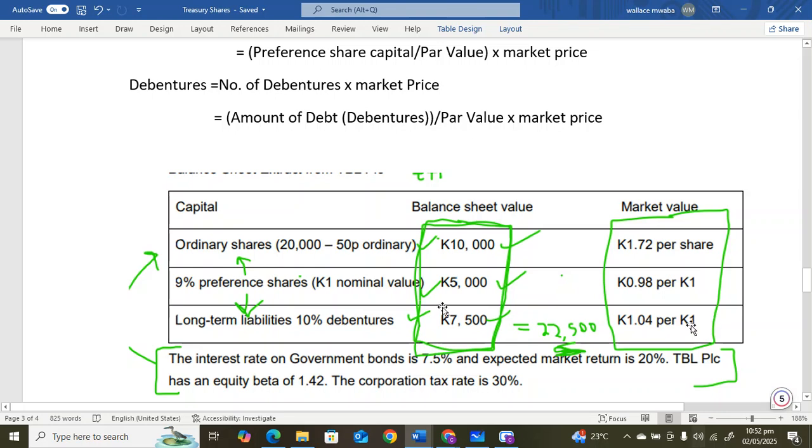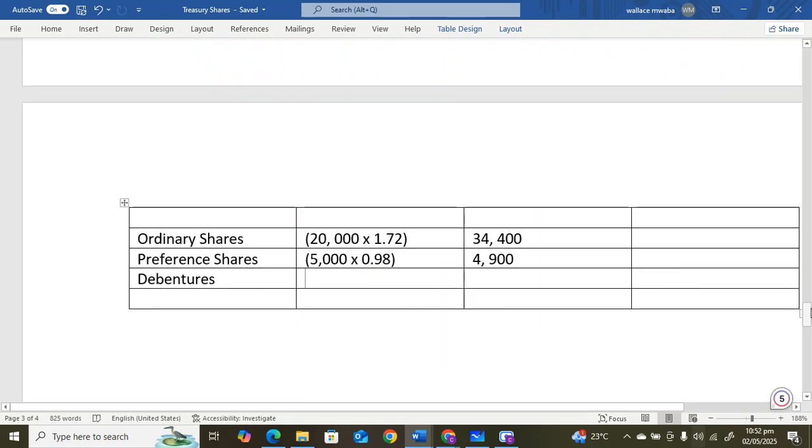So it means TBL PLC has got 7,500 debentures. 7,500 times 1.04, what do we get? 7,800.